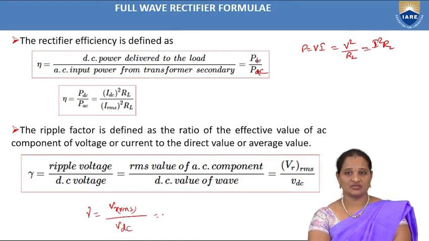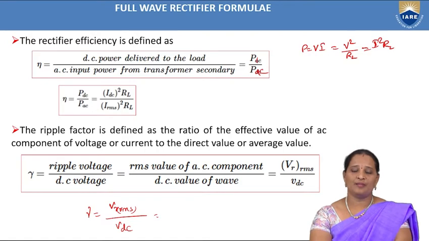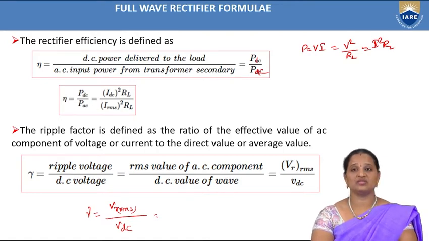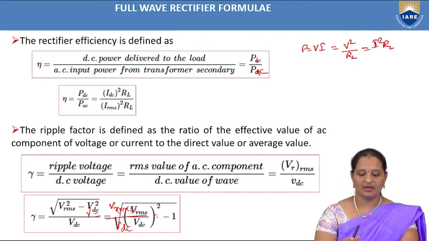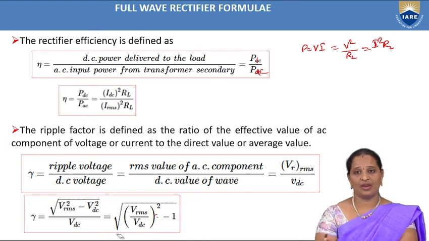The effective value of the AC component can always be found by the RMS value, that is, the root mean square value. So it is given by VRMS by VDC.